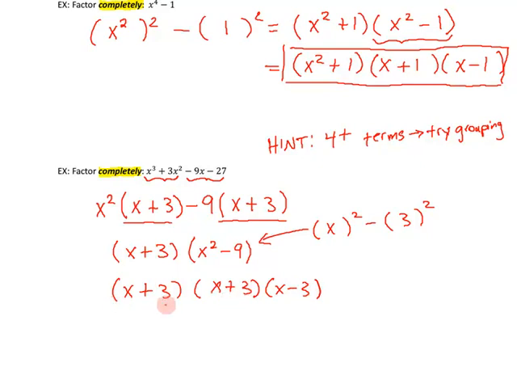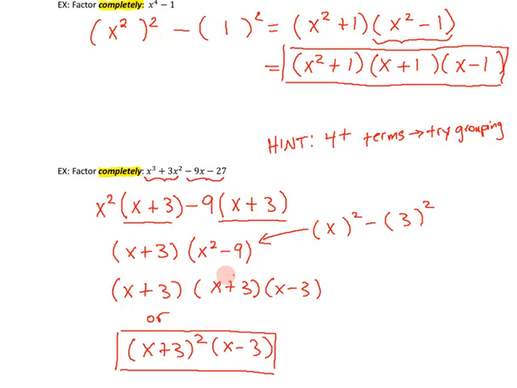But notice because you have x plus 3 twice, I could rewrite that as x plus 3 squared times x minus 3, just by the fact that square means multiply times itself, so I can shorten my answer by writing it in this form. But either one of these would be a correct answer.